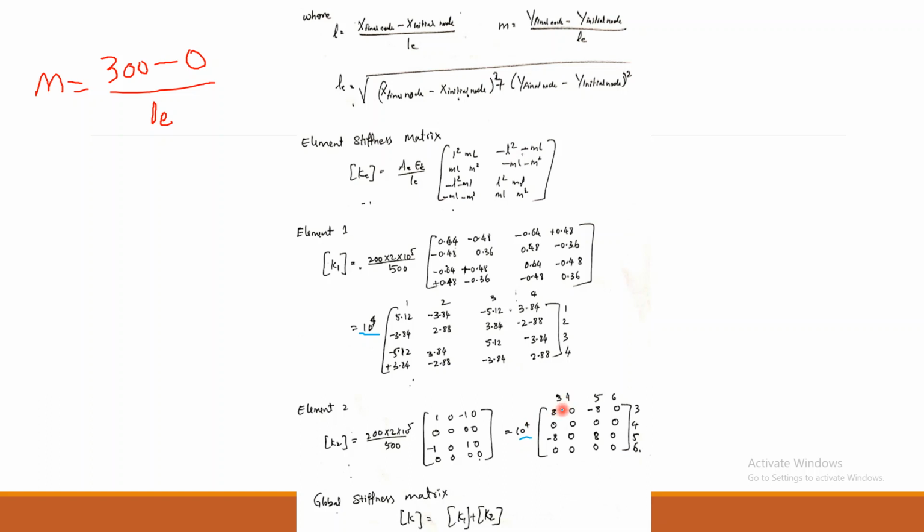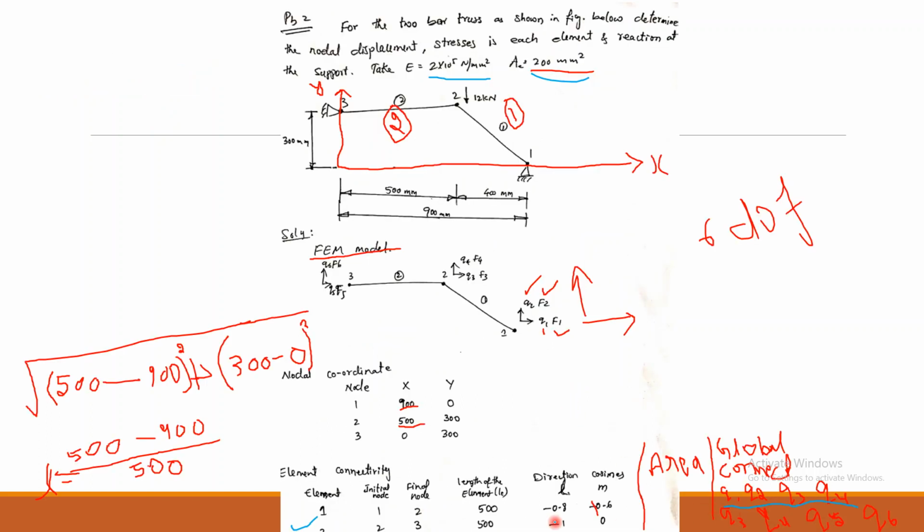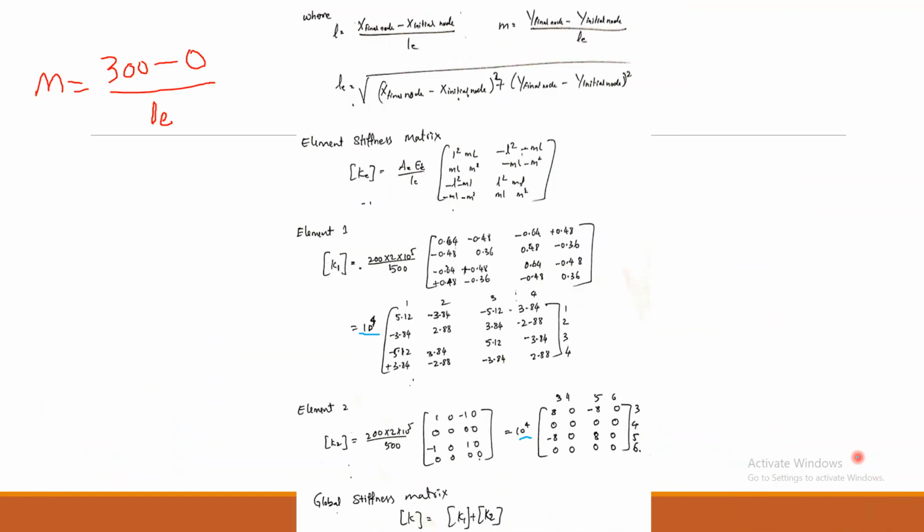And later on, to give the global degrees of freedom here, you have to look into this table once again. So I chose 3, 4, 5, 6, that is 3, 4, 5, 6 for each column and rows.